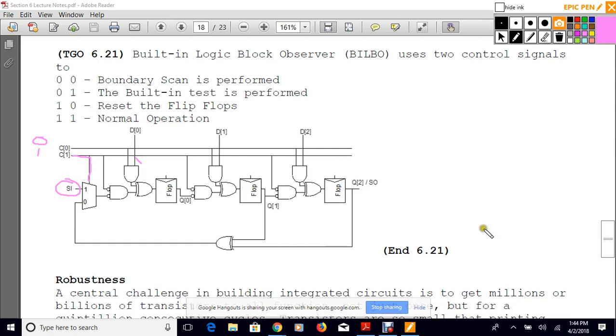Does that make sense? So if I do 1, 0, I have this regular operation here, but I'm also propagating these values here, right? And so this allows me to reset the flip-flops.